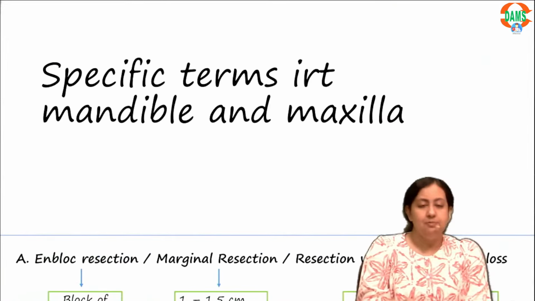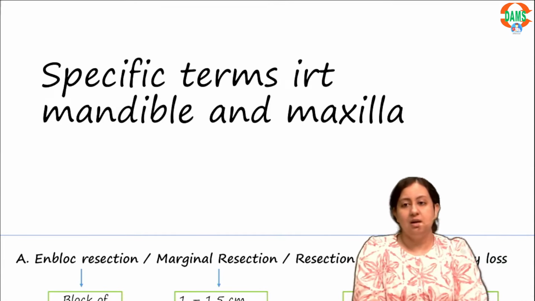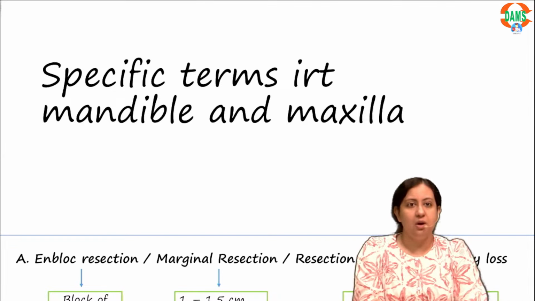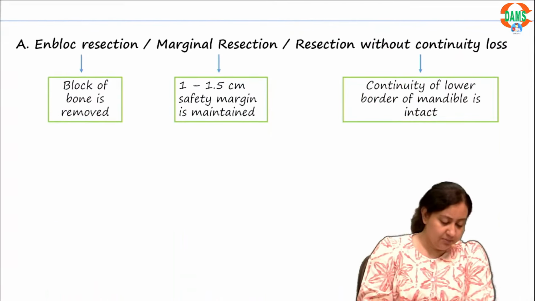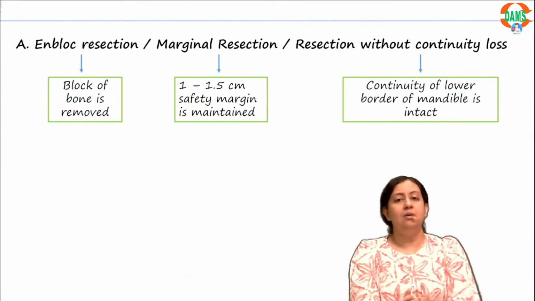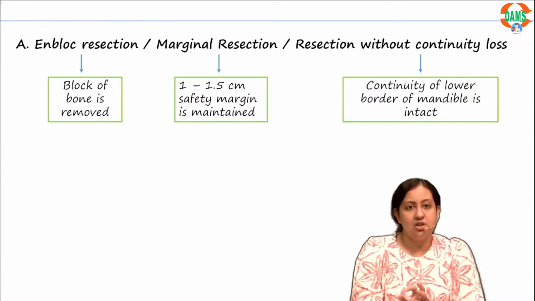Now there are certain specific terms in relation to mandible and maxilla, so we will have a look at these specific terminologies. In the first slide I told you that under resection we have something known as marginal resection and segmental resection.